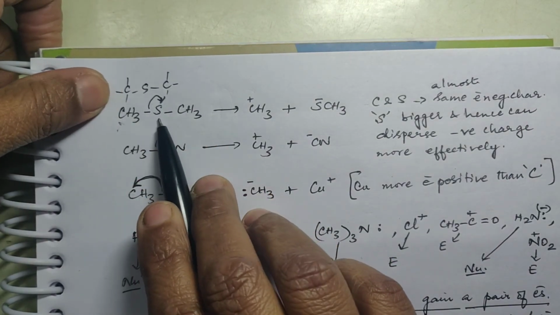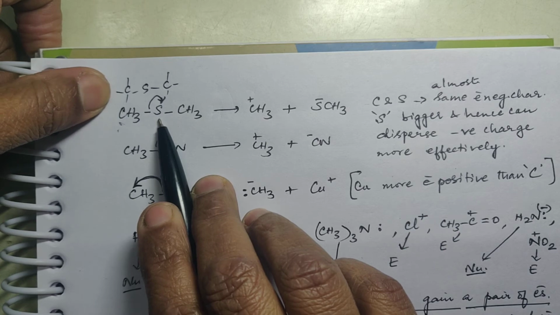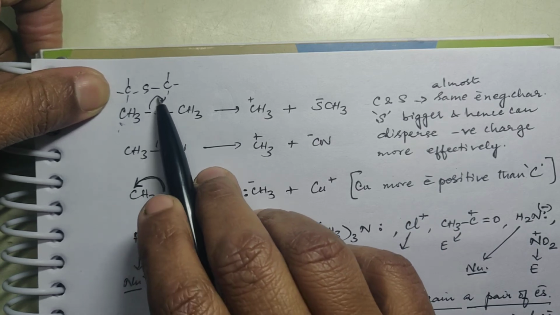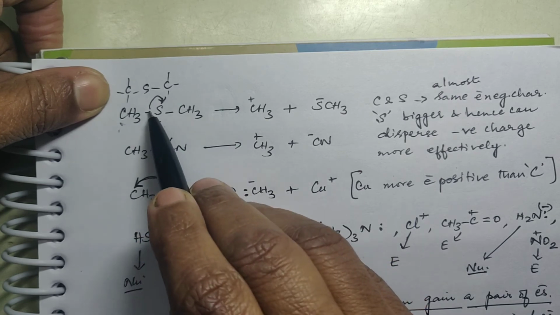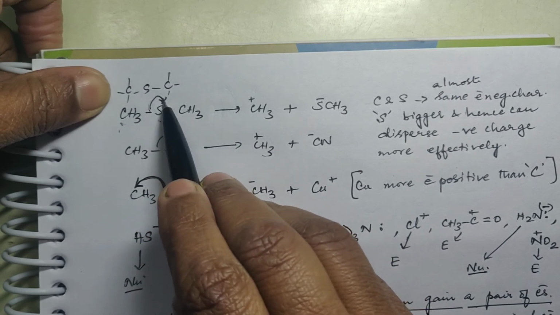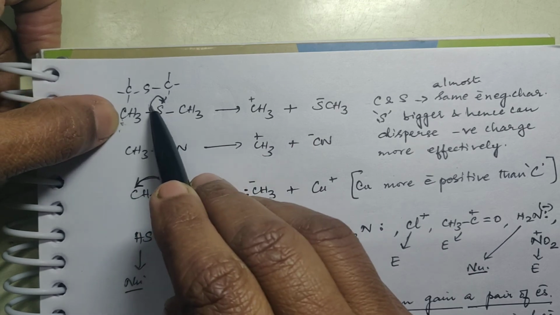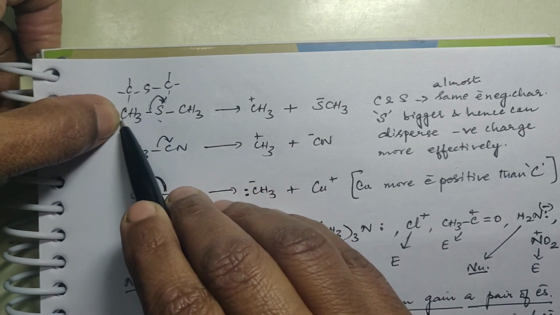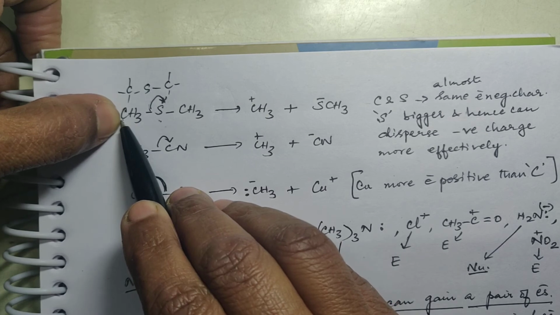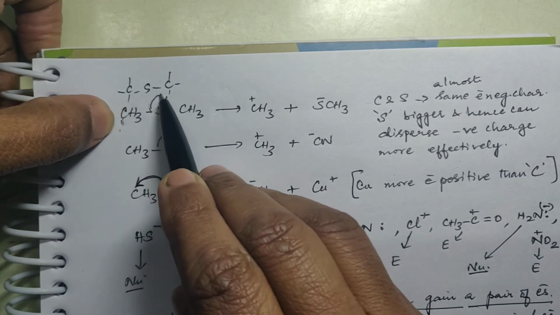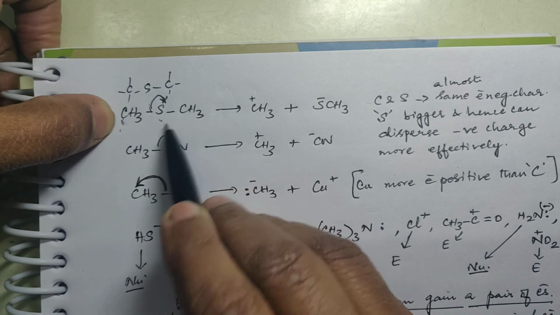You know very well that sulfur and carbon have almost the same electronegative character. But since sulfur is bigger in size, it can accommodate the electron density towards itself much better than carbon. Because of small size, if it shifted here, then interelectronic repulsions would affect stability. So the pair of electrons is shifting towards sulfur, being bigger in size.